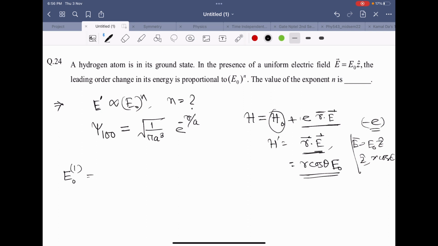So the first order correction is psi 100, H prime, psi 100, and since n starts with 1, this one is for the ground state. This is the convention. So E naught r cos theta psi 100, we'll have to calculate this.